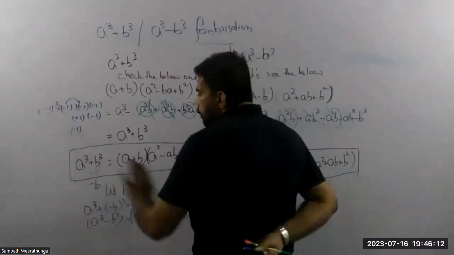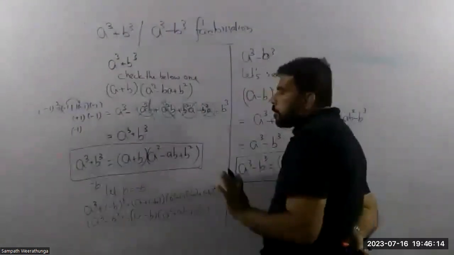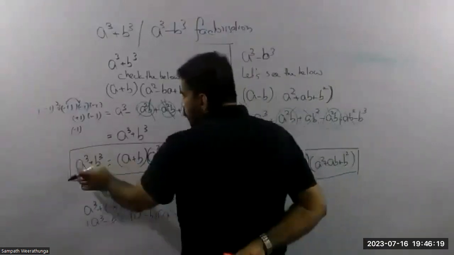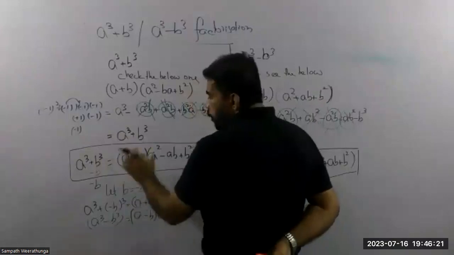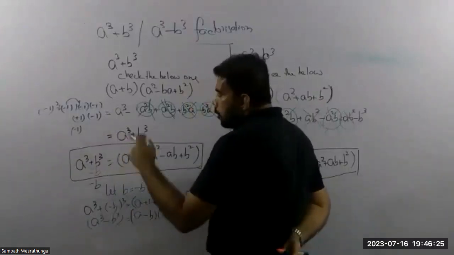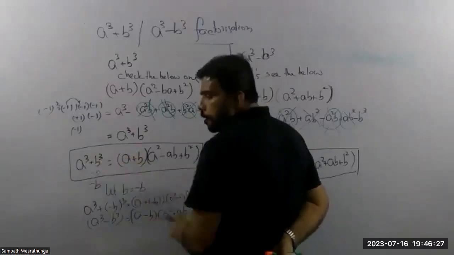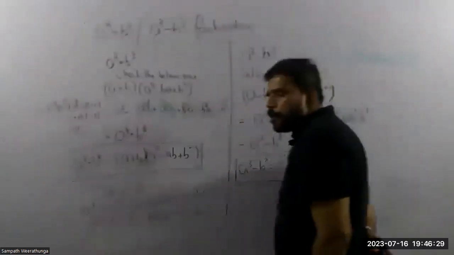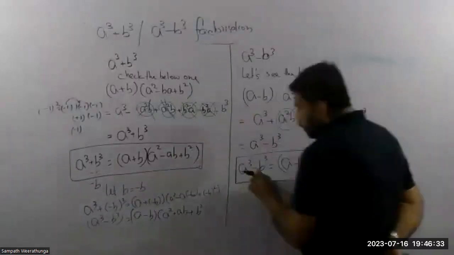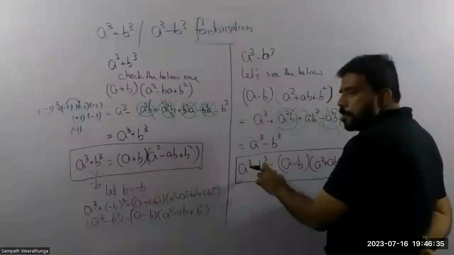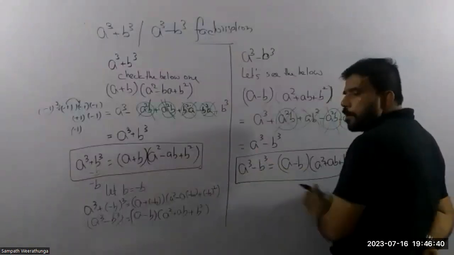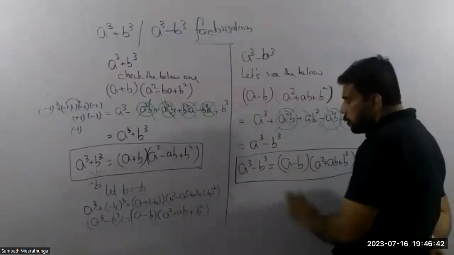a plus b. Try to understand the logic. You keep that logic in mind. a plus b cube, a cube plus b cube, all right. First, we'll write the linear combination of the same, that means the first order term of the same relationship, a plus b. When the negative comes, a cube minus b cube, we write the linear form of the same given expression, that is a minus b, the first order.